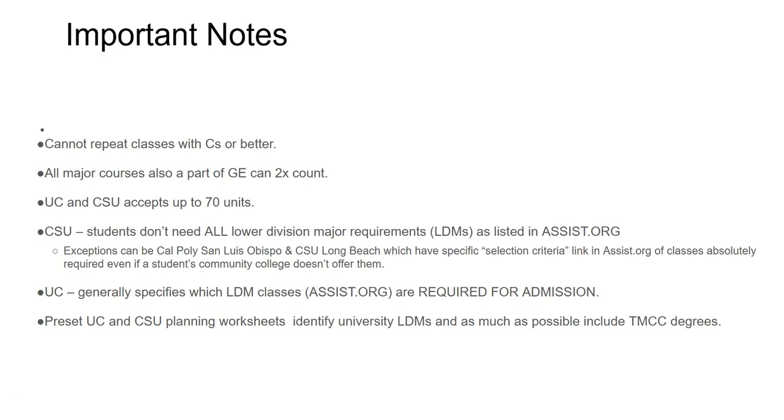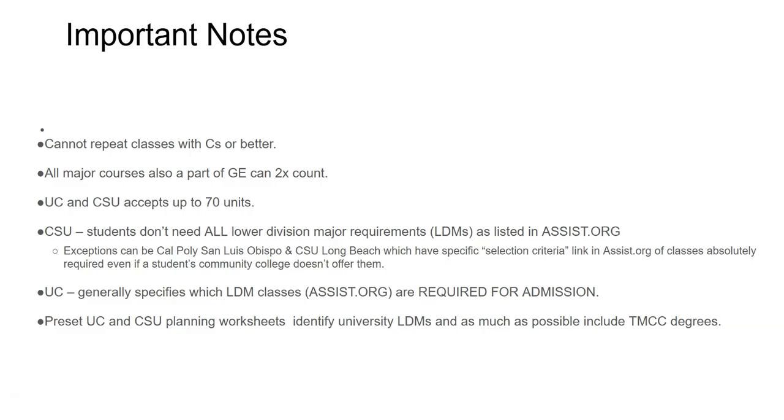The University of California generally specifies in assist which lower division major classes are absolutely required for admissions. And when we're doing the planning worksheets, we identified university lower division majors and, as much as possible, included which TMCC degrees on the templates on those worksheets.